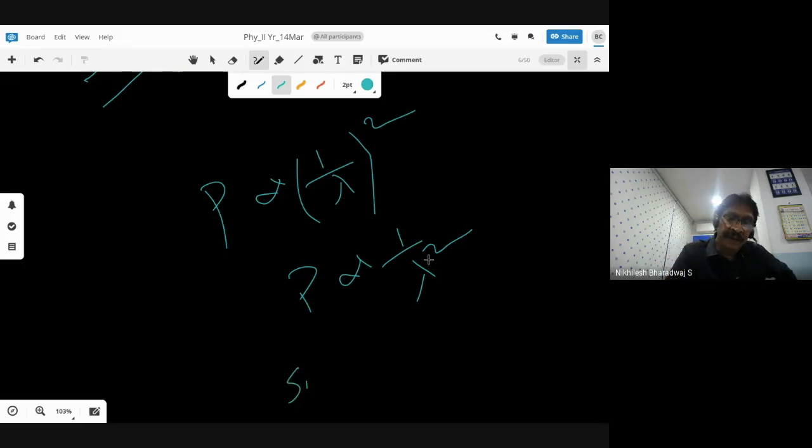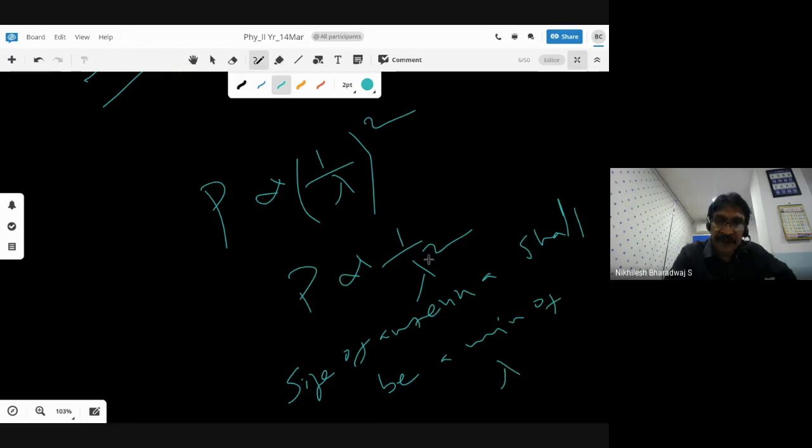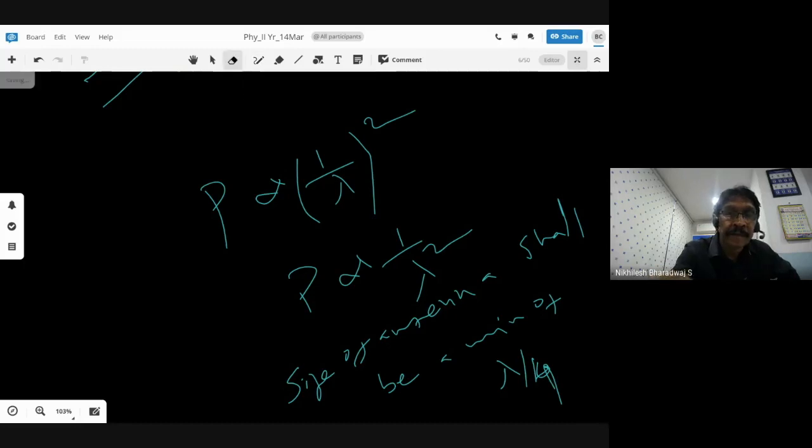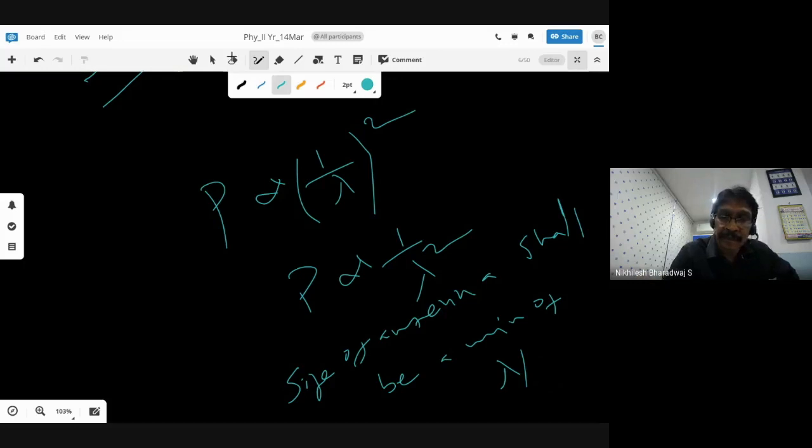Size of antenna shall be a minimum of lambda by 4. So remember, power is inversely proportional to lambda square. As lambda decreases, P increases. Okay?